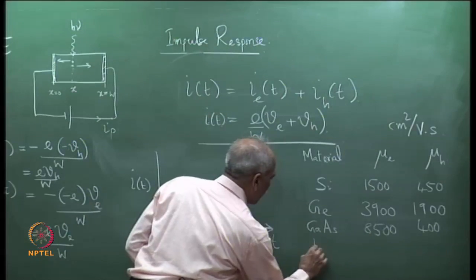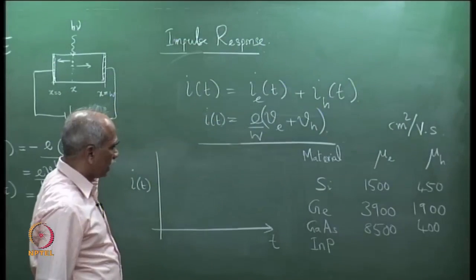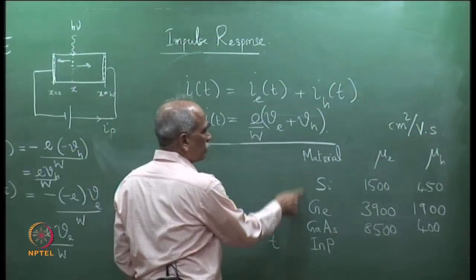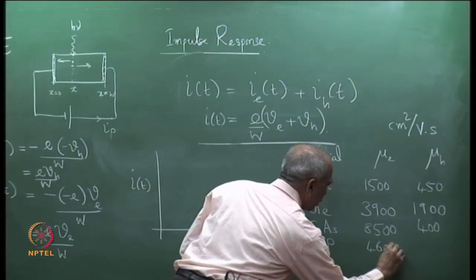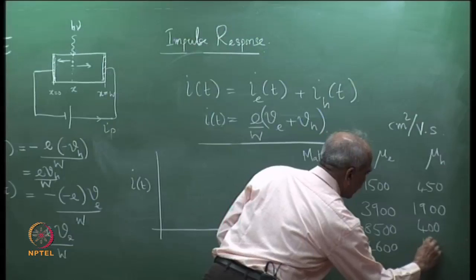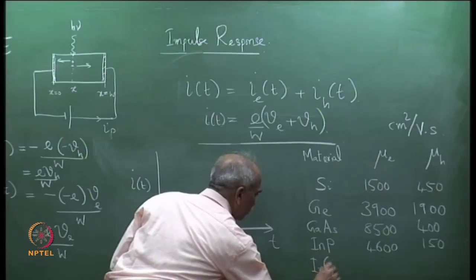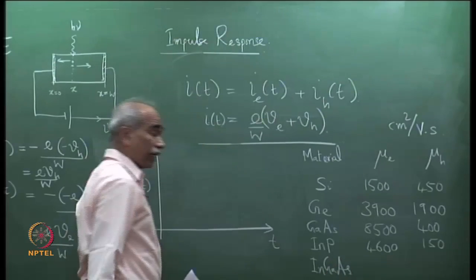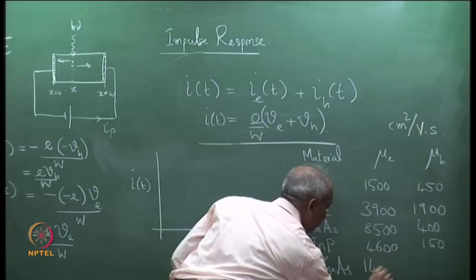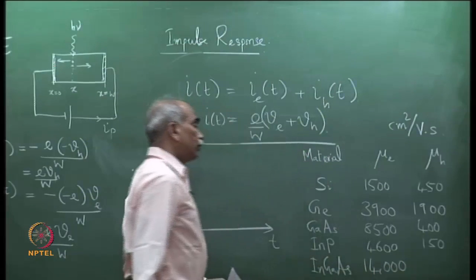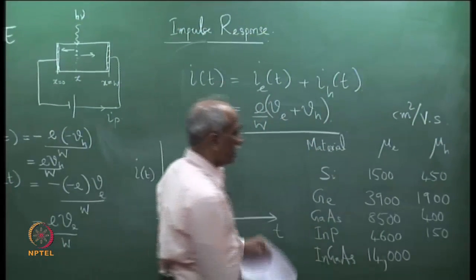If you take indium phosphide, because gallium arsenide and indium phosphide are the most widely used binary compounds and these are the most widely used detector materials, 4600 and this is 150. And if we take indium gallium arsenide, the most important detector material, this is 14,000 and here 400.